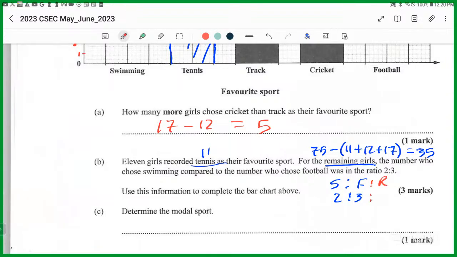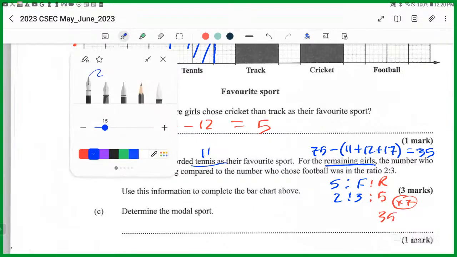The remaining students would have a total part of 5, but the actual total remaining is 35. So to get the ratio to reflect the actual total, I need to multiply this 5 by 7, to see what the actuals are. So the remaining becomes 35.